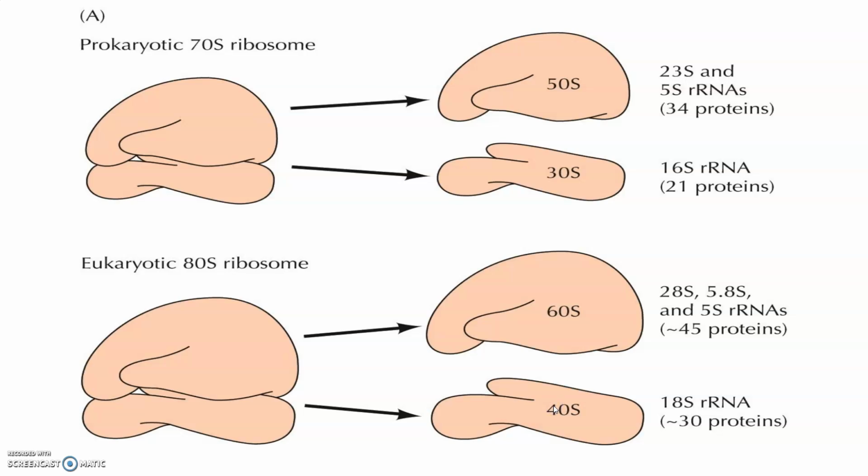Ribosomes. These are the prokaryotic ribosomes. In prokaryotes, ribosomes are associated with the plasma membrane of the cell, and they are about 15 nanometers by 20 nanometers. They are made up of two subunits, called the 50S and the 30S subunits, which together form the 70S prokaryotic ribosomes.